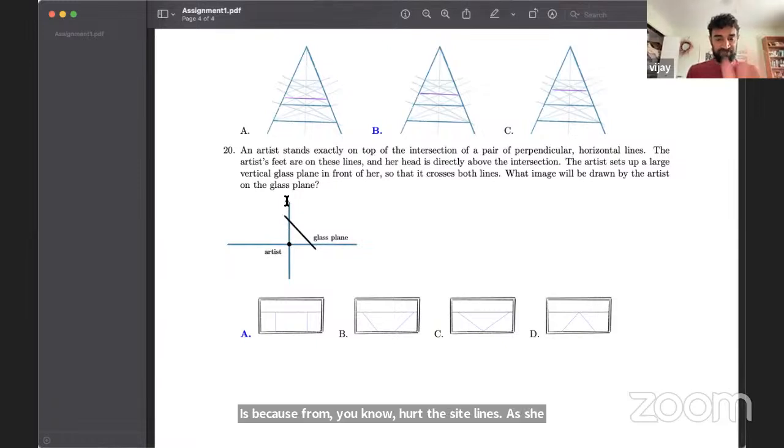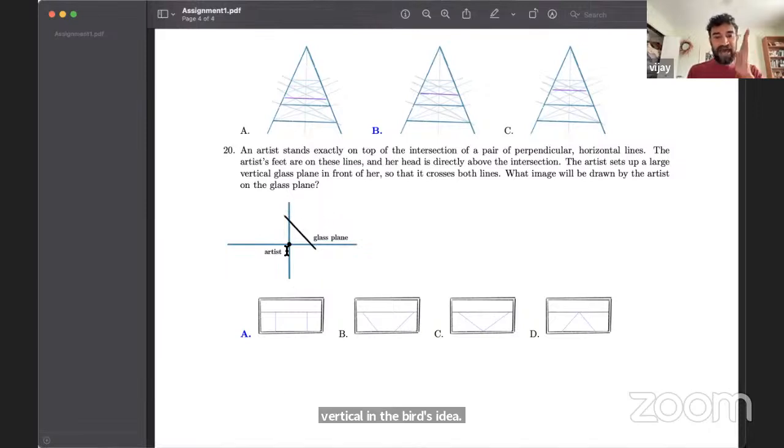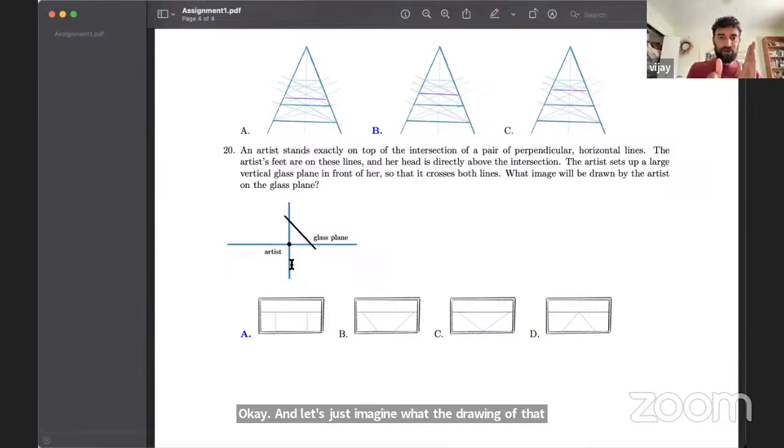Let's take, from this bird's eye view, this line first, this one that appears vertical in the bird's eye view. Let's just imagine what the drawing of that would look like in this picture plane. Well, as she looks further and further down along this line, what's happening to her sight lines? And what's happening to their intersections with the glass plane?